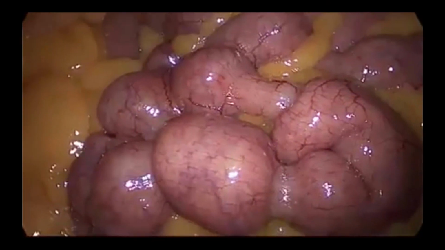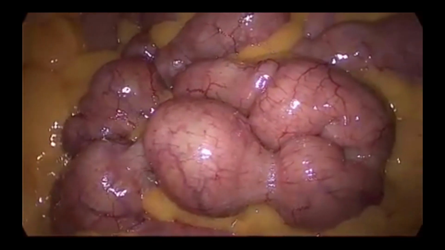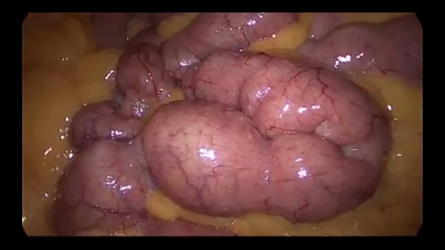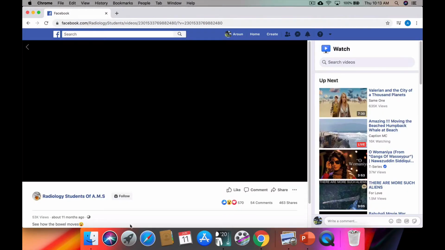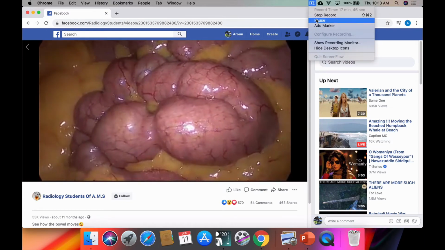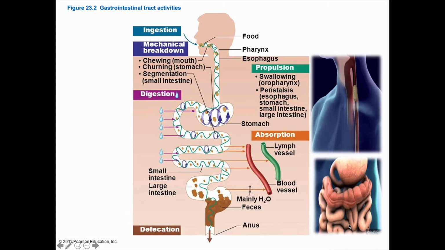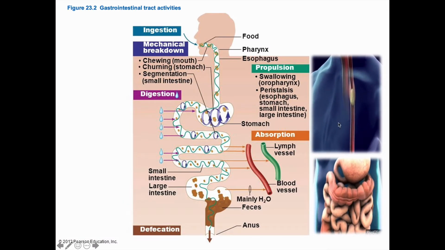So this is the natural look of the peristaltic waves that is taking place in the intestine. This is how the peristaltic waves are propelling the food.